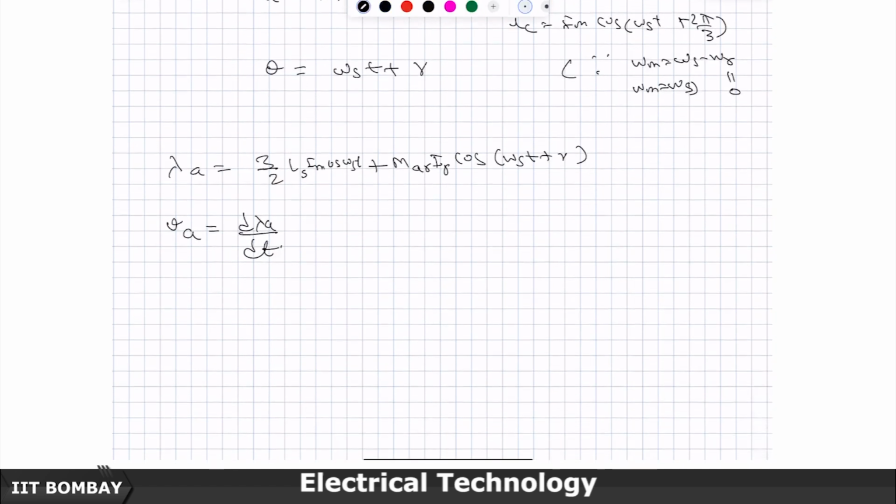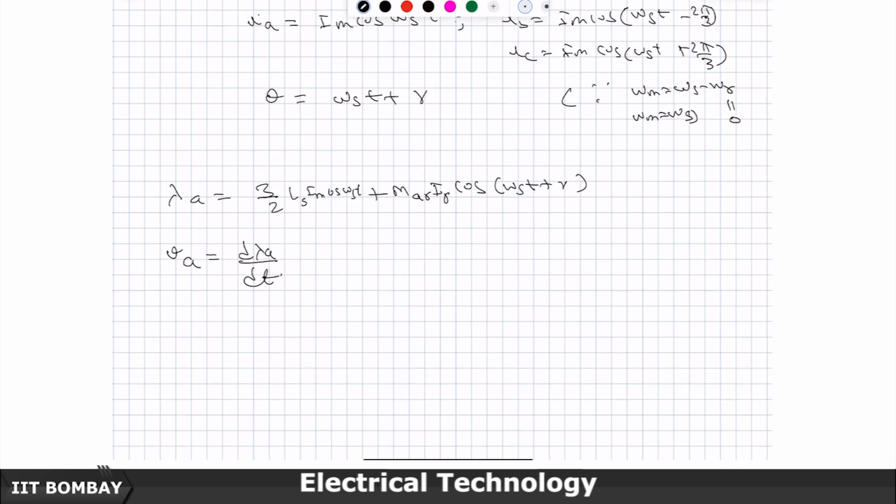So, we now write this as minus 3 by 2 Ls Im times the differential of cos omega t, which is minus sine omega t. That is why the minus sign has come. Then minus MAR IR, again a minus sign because the differential of cos is minus sine, of omega s t plus gamma.